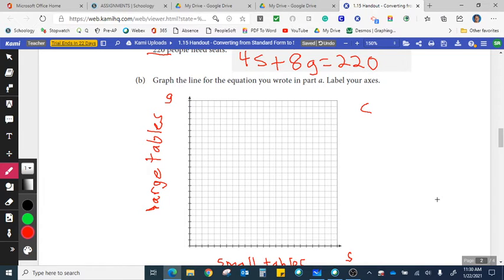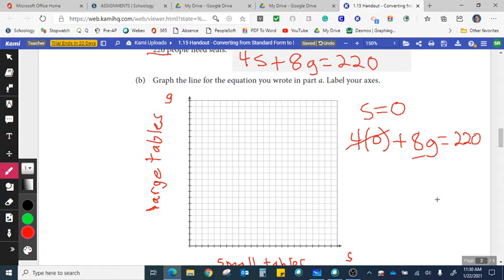If S equals 0, I don't have any small tables at all, so I write 4 times 0, because 0 is what I placed in for S, plus 8G equals 220. Since it's just a multiplier, it's going to be the exact same equation.